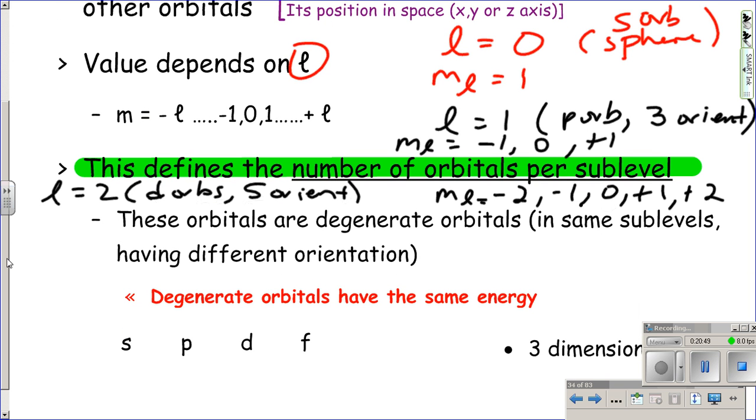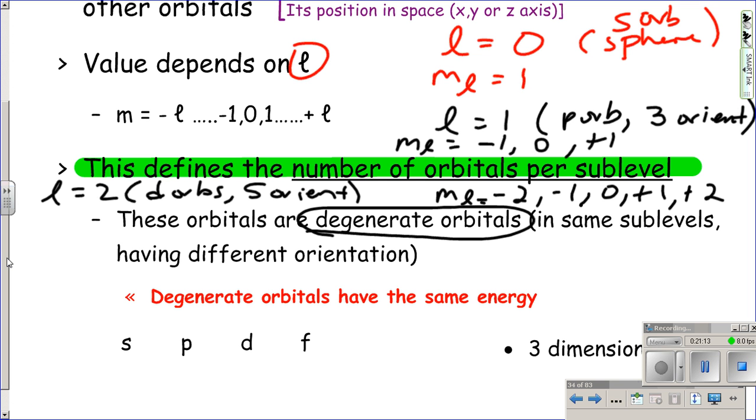All right, so the reason that we talk about these different orbitals of the sublevel D is because these orbitals are all degenerate. Degenerate sounds like I'm just bashing these orbitals, but the word degenerate in chemistry means the same energy. So all the P's that we would have labeled Px, Py, and Pz, they're all of the same energy.